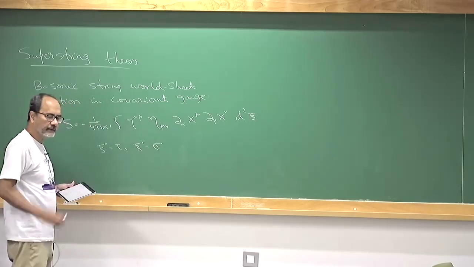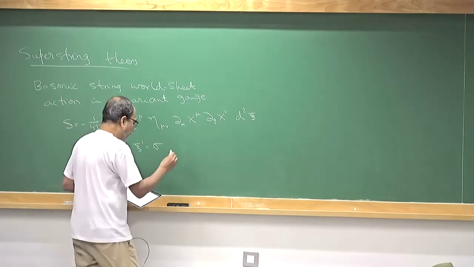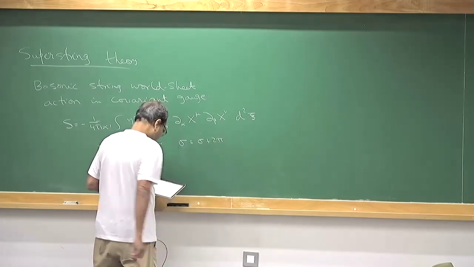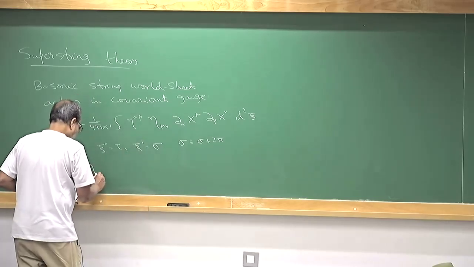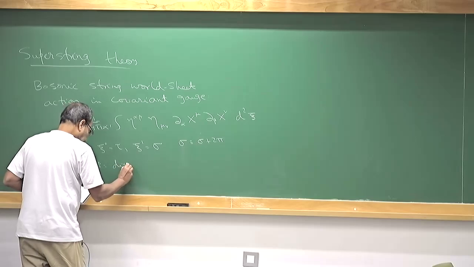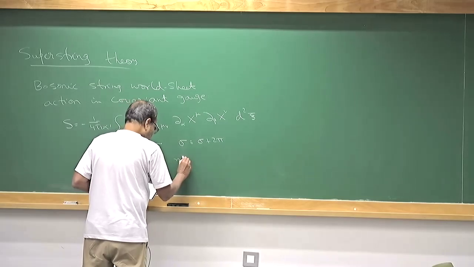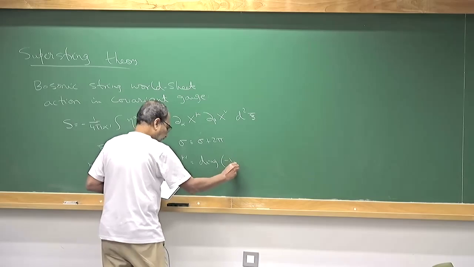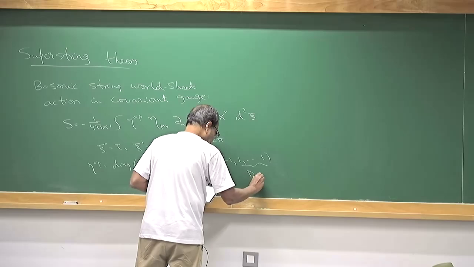Okay, tau goes along the worldsheet time, sigma is along the worldsheet space direction, sigma is compact. Okay. And these are diagonal matrices. So eta alpha beta is diagonal minus 1, 1, and eta mu nu is diagonal minus 1 and then rest 1. Okay, the minus 1 of this.